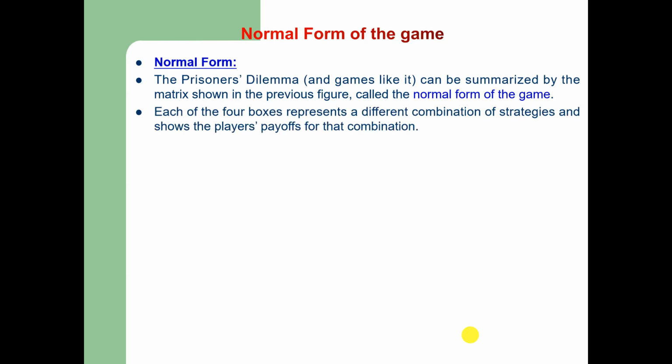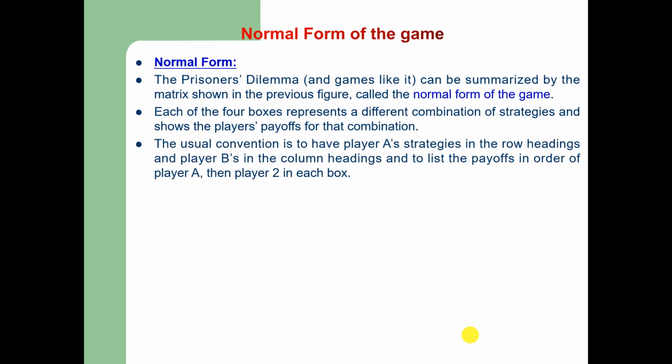Each of the 4 boxes in that matrix represents a different combination of strategies and shows the players' payoffs for that combination. The usual convention is to have player A's strategies in the row headings and player B's in the column headings, and to list the payoffs in order of player A and then player B in each box. That is, in each box the first entry is for player A and the second entry is for player 2 or player B.